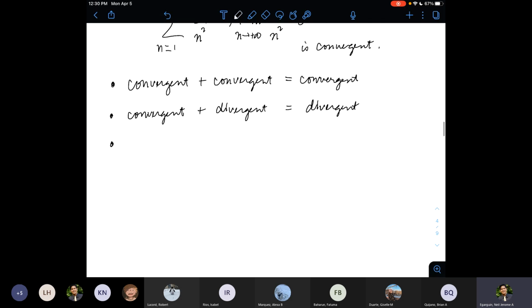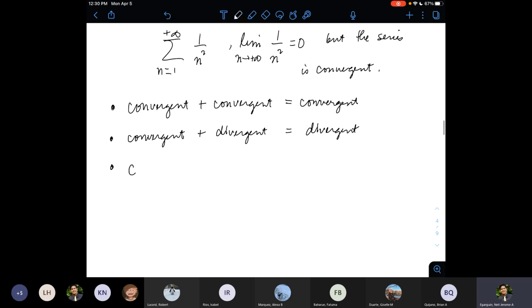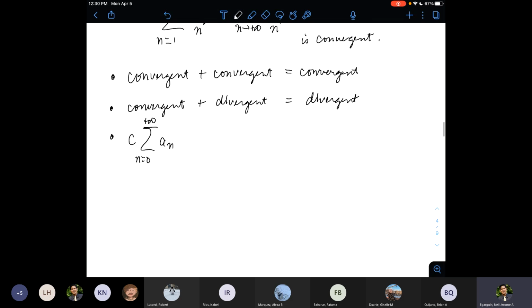Now, if you have a constant c times a series, the constant multiplier c won't affect the convergence or divergence of the series. This will converge if and only if the series without the scalar multiplier converges.